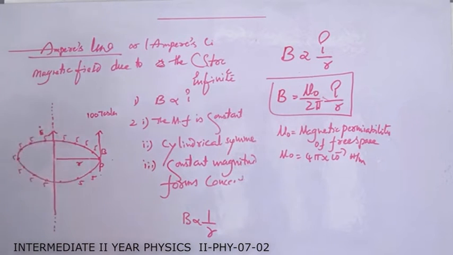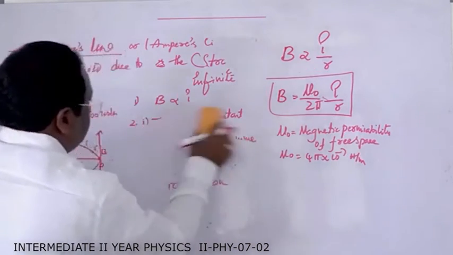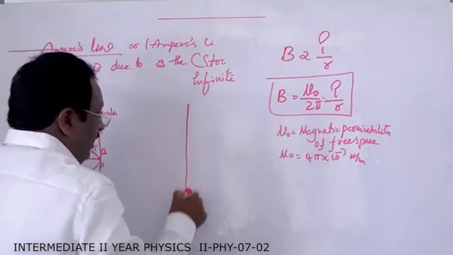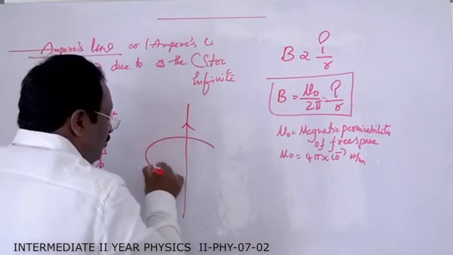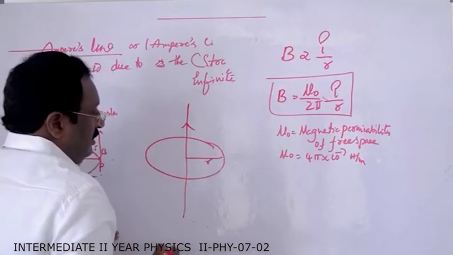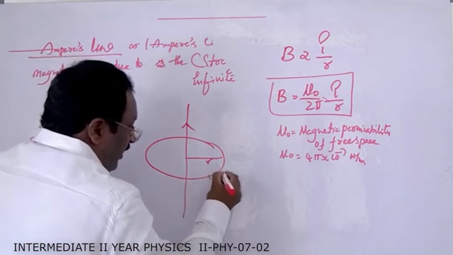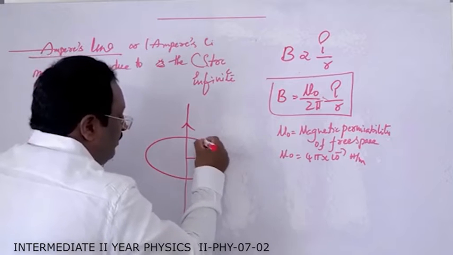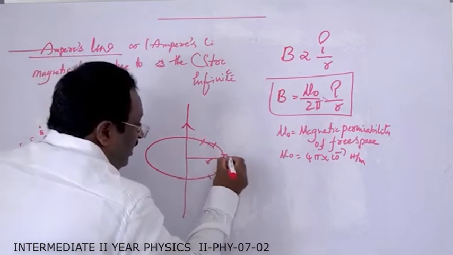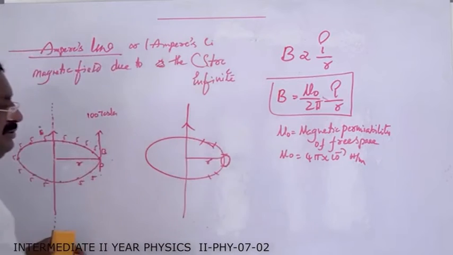Now again, when current is passing, there will be some closed loops. This closed loop is divided into a number of small elements. At every element, there will be some magnetic field.